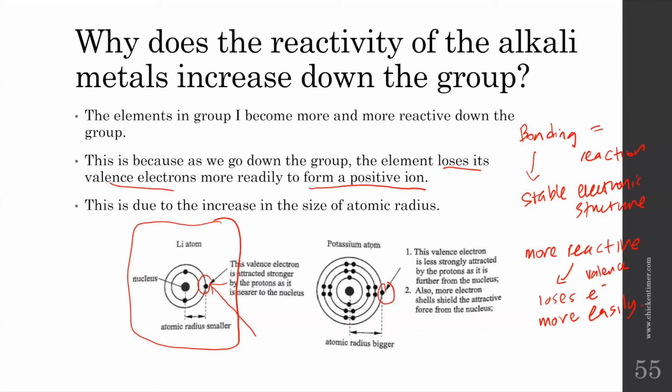So the bigger the atom, the easier it is to lose the electron. So then it is more reactive. That's why going down the group, the atom becomes bigger, it becomes more and more reactive. Do I make sense? Yeah.